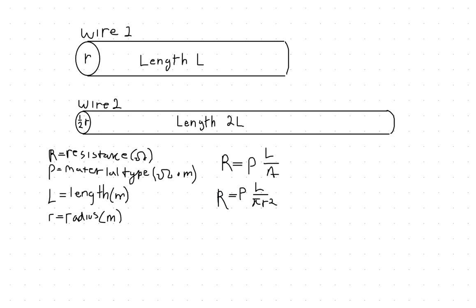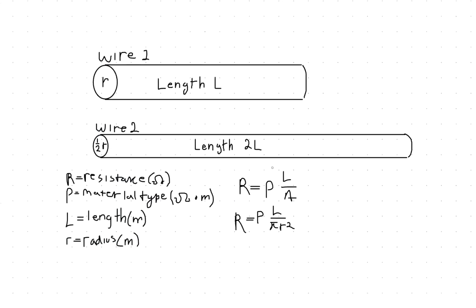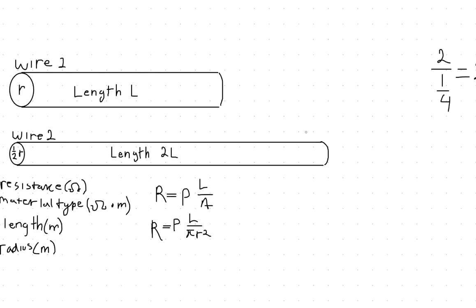So now let's look at wire 2 over here. It's the same material, so the material doesn't change, but let's plug in its new dimensions. So this one over here, I'm just gonna move it so we know that this is for wire 1.